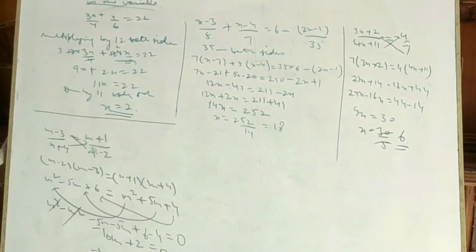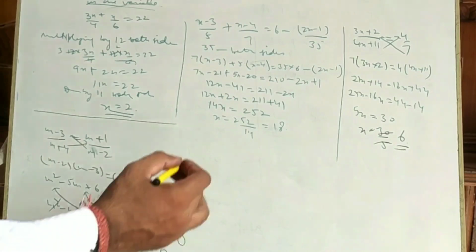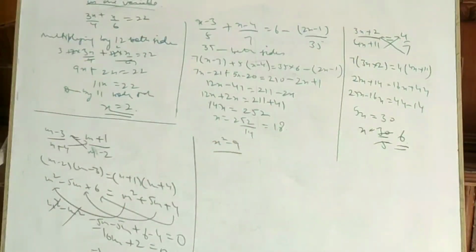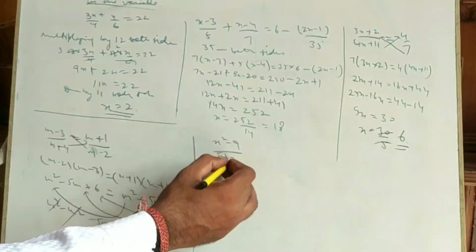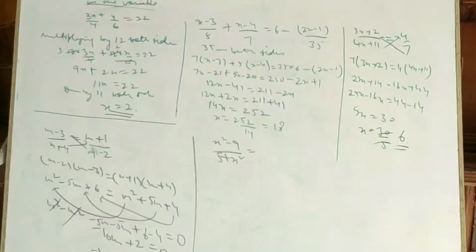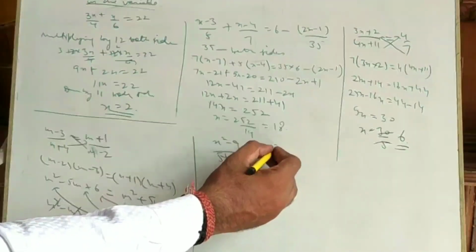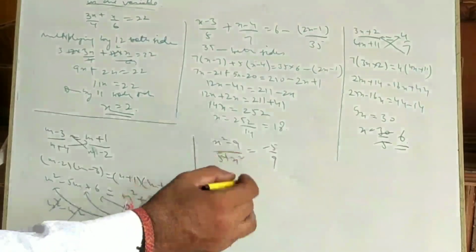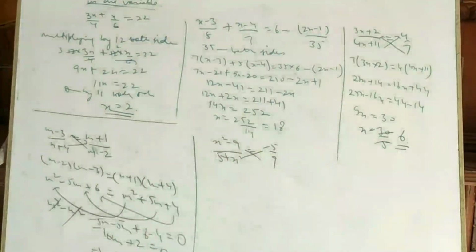Next we have (x square minus 9) divided by (5 plus x square) is equal to minus 5 by 9. Again, this is the same type of question. We will have to cross multiply and then we will solve it.